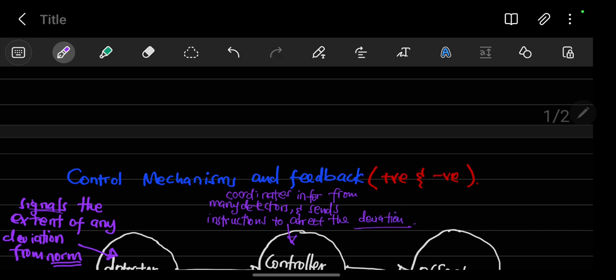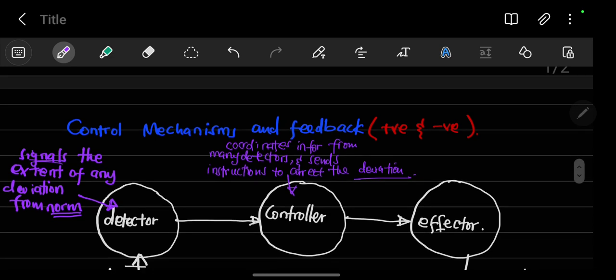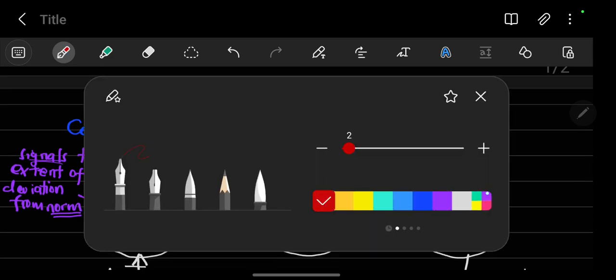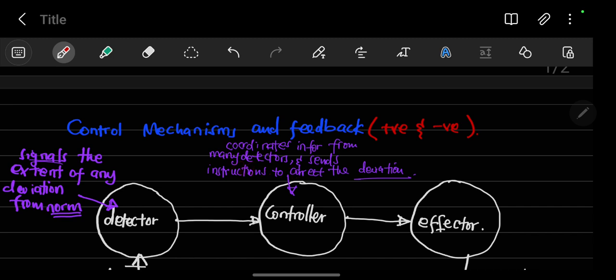So that is it. My major interest there is instructions to correct the deviation.